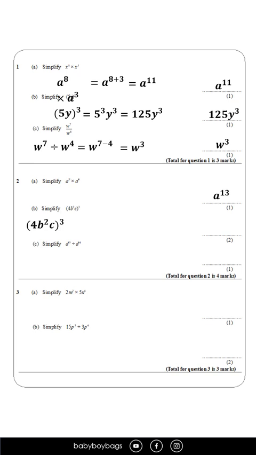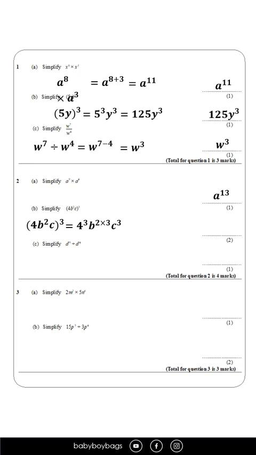It's going to be similar to 1b, where everything inside the bracket is going to be cubed. Which means 4 is going to be cubed, and then b squared is going to be cubed, and c also is going to be cubed. Pay attention to b squared. 4 being cubed is very easy, but the challenge for most students is the b squared being cubed.